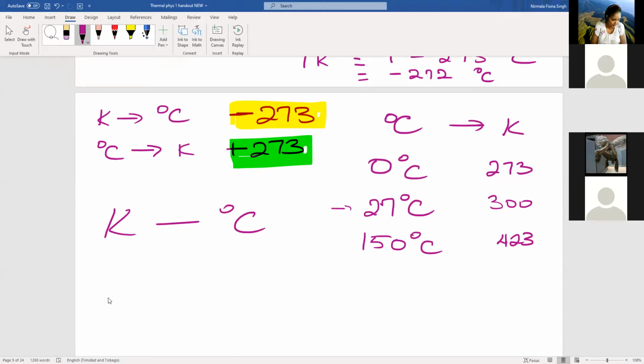So suppose my temperature in Kelvin is 500 Kelvin. What is my temperature in Celsius? 227.